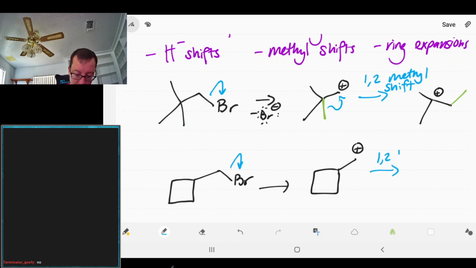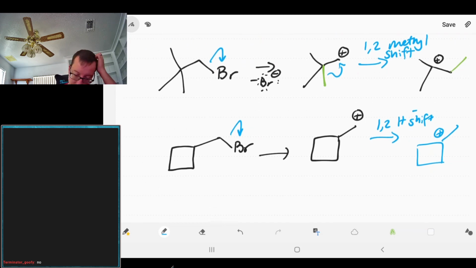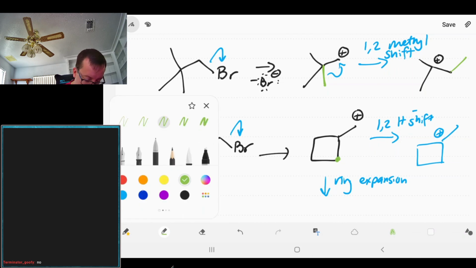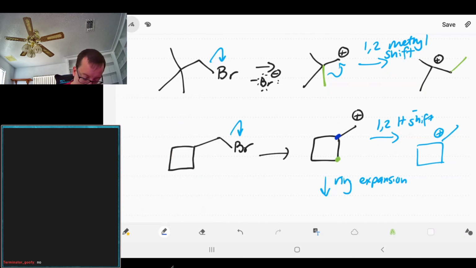I'll just do that. If you hydride shift, you end up putting your carbocation there, right? Or you can ring expand. And what that will do is, remember I like to draw the colors on the carbon so we can see what's happening.